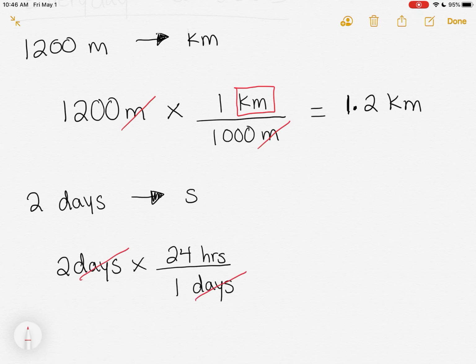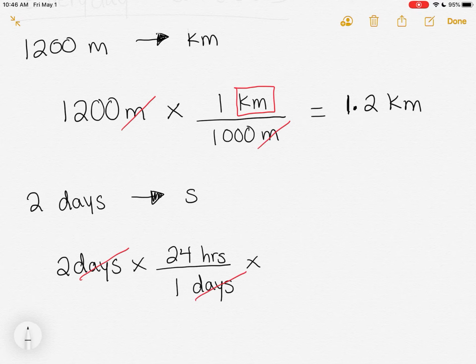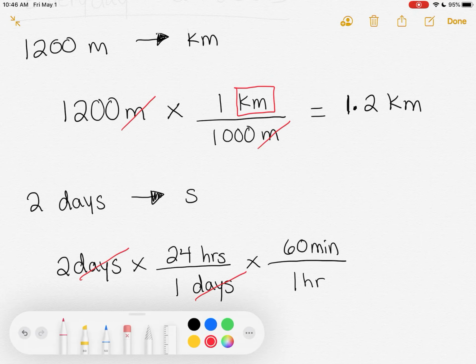And if I just did that, I would be left with hours. But that's not the unit that I want. I want seconds. So I want to keep using conversion factors so that I can get seconds. So now I'm going to add a new conversion factor, and I know that 1 hour is 60 minutes.